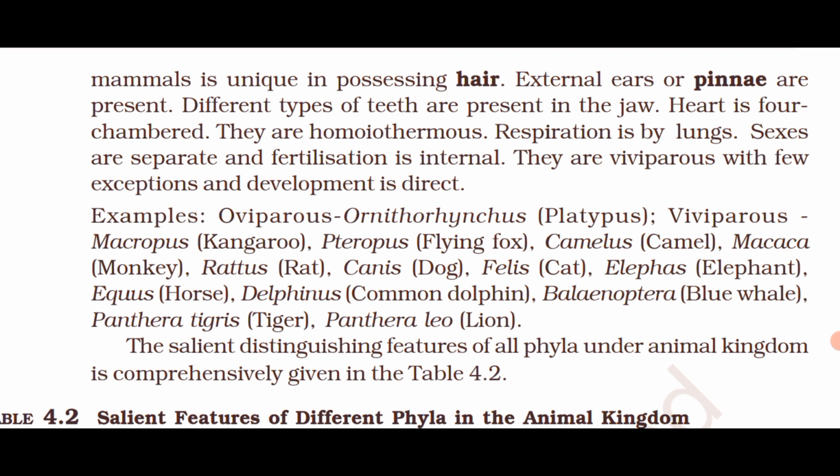Ornithorhynchus, platypus. Viviparous mammals are Macropus, kangaroo; Pteropus, known as flying fox; Camelus, known as camel; Macaca, known as monkey; Rattus, known as rat; Canis, known as dog; Felis, known as cat; Elephas, known as elephant; Equus, known as horse; Delphinus, known as dolphin; Balaenoptera, known as blue whale; Panthera tigris, known as tiger; Panthera leo, lion.